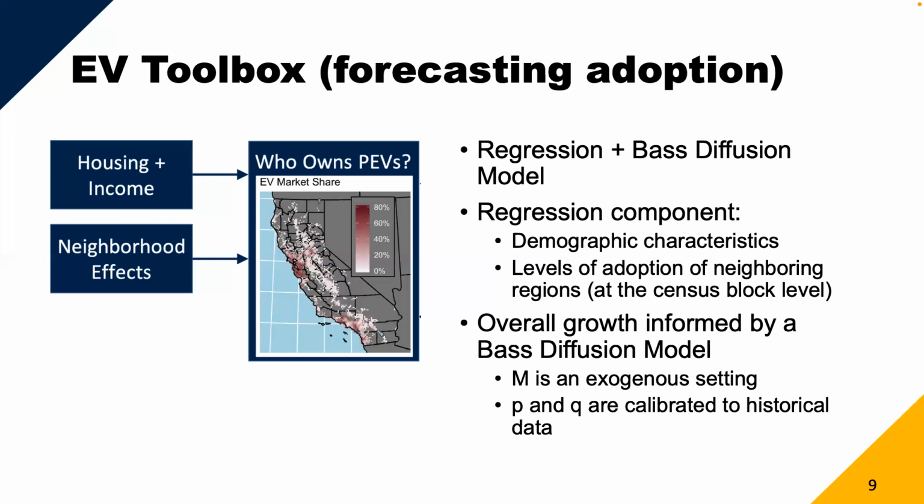Let's say this is going out to 2020. From here, I can calibrate P, Q, and M based off just what I see here, and then you can extrapolate outwards on what the rest of the curve looks like.